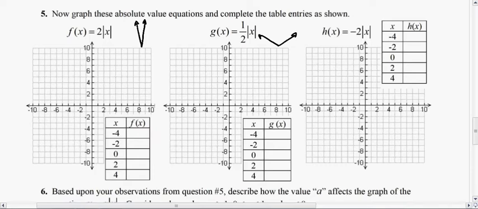And in the third case, I'm multiplying by negative 2, it's going to close it up and it's going to flip it upside down. So this graph here is going to be closed up and flipped upside down.